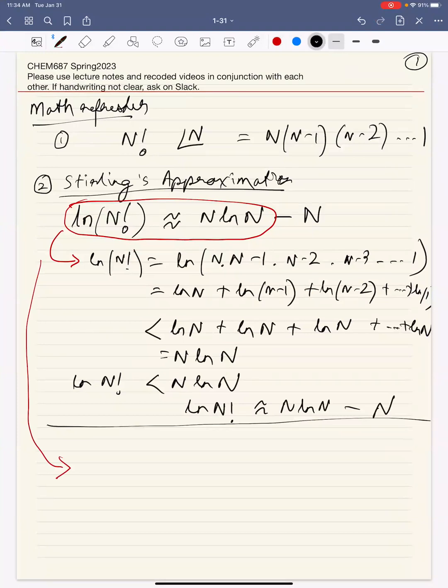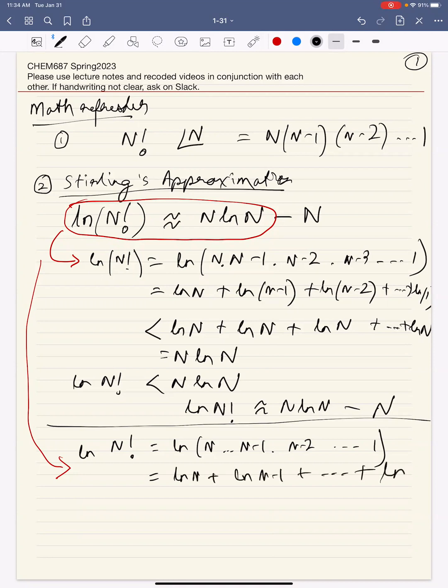Okay, so now let's think about ln n factorial. Once again, it is ln of n multiplied by n minus 1 multiplied by n minus 2 till 1. Same thing. This is ln of n plus ln of n minus 1 plus ... plus ln of 1.